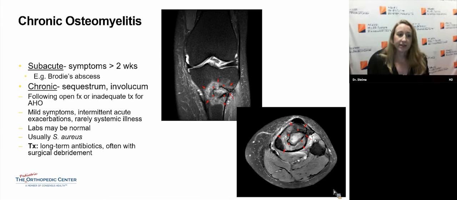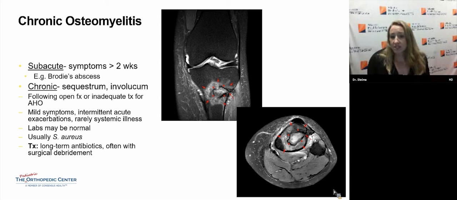Chronic osteomyelitis. In thinking about the time frame of these infections, and not just the location of them, we can define osteomyelitis in terms of subacute, or symptoms that are ongoing for more than about 2 weeks. This can be a development of what's called a Brodie's abscess, or really seeing that involucrum and sequestrum at the beginnings of it.